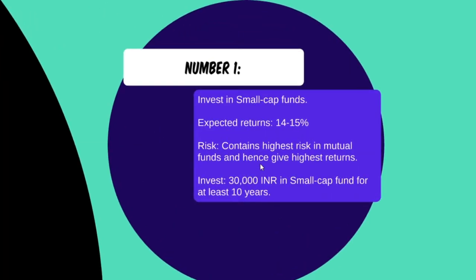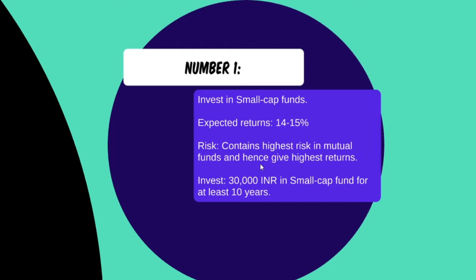Having a high risk-taking ability enables the potential to invest in small cap funds, and it generates high returns. Because we have a high risk-taking ability, we should invest in small cap funds, and hence we will get better returns compared to any other mutual funds. It contains a significant amount of risk, but if we invest for the long run, let's say at least 10 years, we will get outstanding returns.